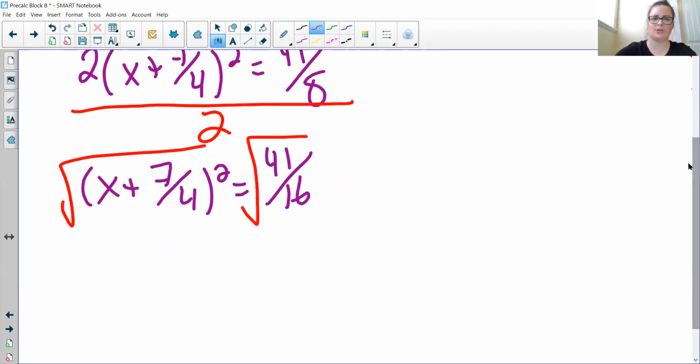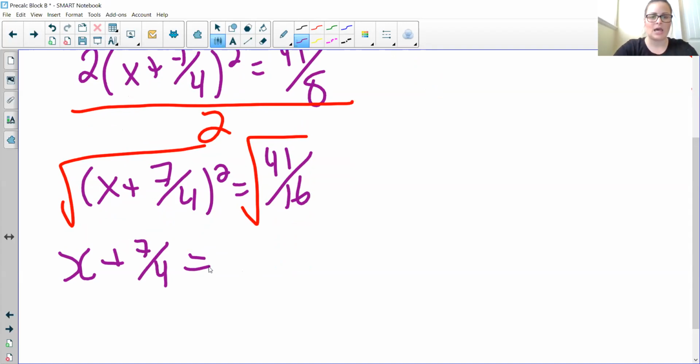And we don't have to worry about the plus or minus for this left-hand side, because we already know it's the positive version of that bracket, because it shows what's inside the brackets that's being squared. But for 41 over 16, we have to take the positive or negative value of that. So the square root of 41 over 16 is plus or minus the square root of 41 over the square root of 16, which is plus or minus 4.